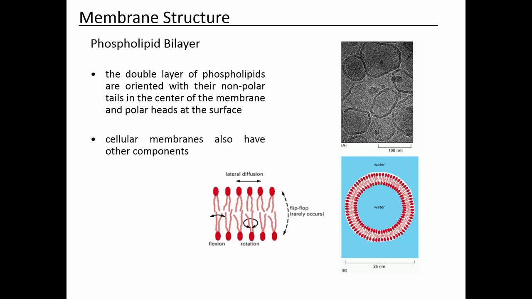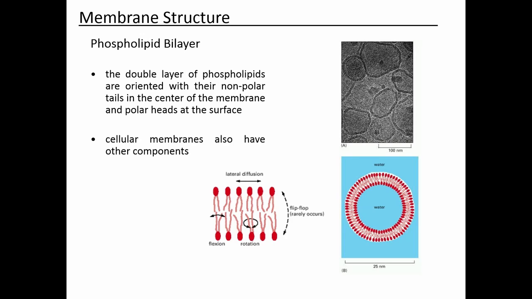One thing I already mentioned is that the phospholipid molecules that make up this layer are not connected to the other phospholipid molecules in that same layer. They're also not connected to the molecules in the other layer, not connected to each other in any way. So there are certain movements that are very easy for phospholipid molecules to make, meaning these movements happen all the time, so they occur frequently.